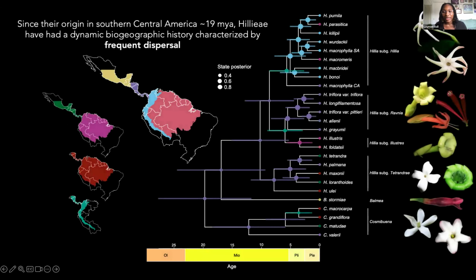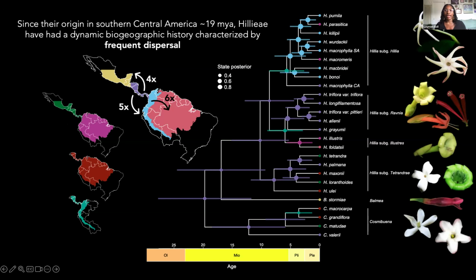Next, I estimated divergence times for the species tree, and I performed a biogeographic reconstruction. So the 95% HPD for the node ages and the estimated ancestral ranges are shown on the nodes. And I estimated that Hylia originated in southern Central America about 19 million years ago.